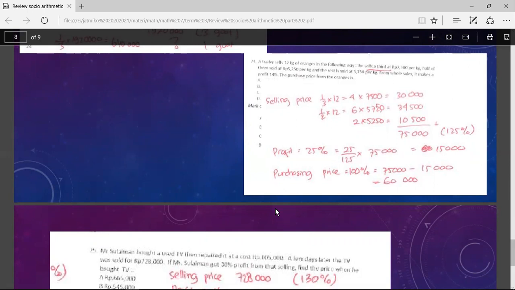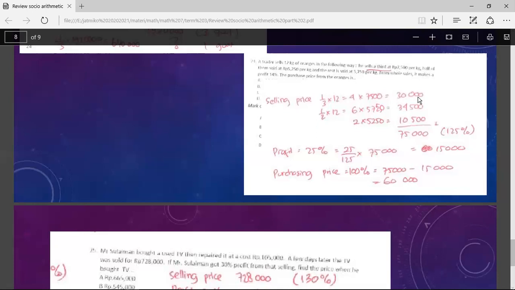The first one is he sells a third at 7,500 per kilogram. It means 1/3 times 12 is equal to 4 kilograms. So 4 kilograms at 7,500 is equal to 30,000. They will get this money.